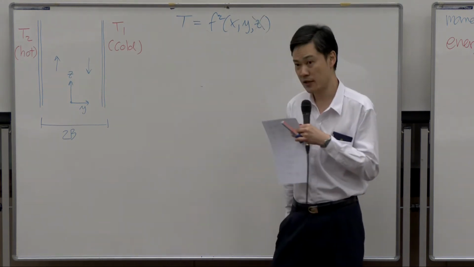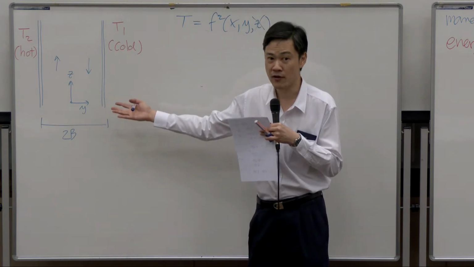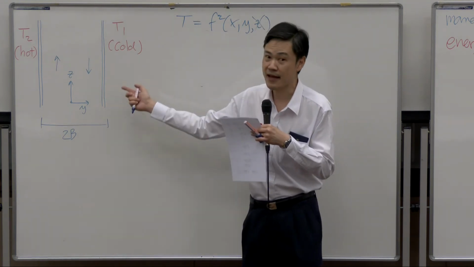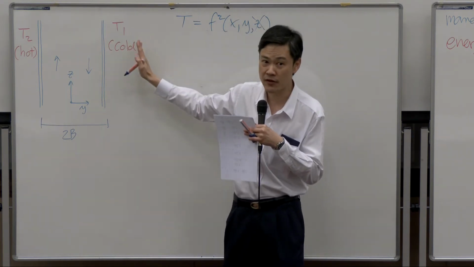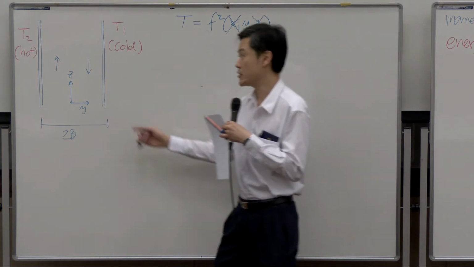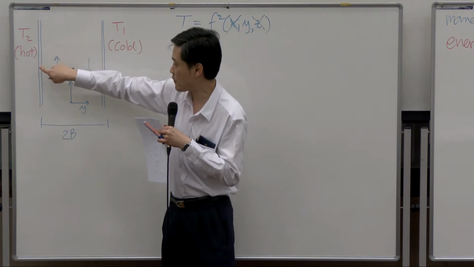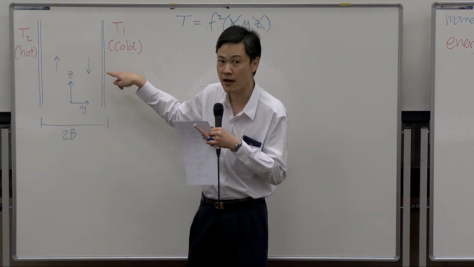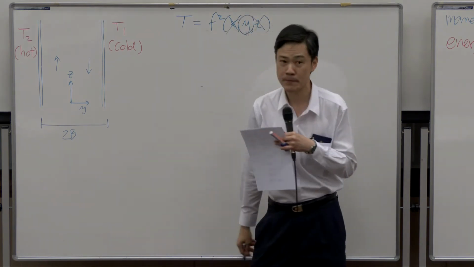It's not a function of z. And this picture is two-dimensional. I disregard the x-axis. I assume that temperature is uniform across this direction as well. So it's not a function of x. Temperature is changing with respect to y. If you move your finger from left-hand side to right-hand side, temperature is changing, right? So it's a function of y.